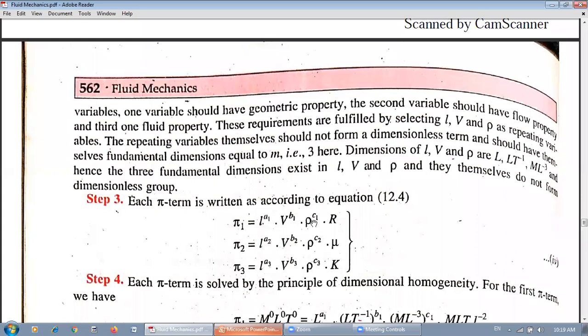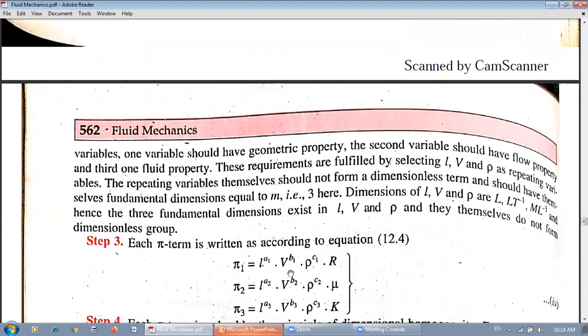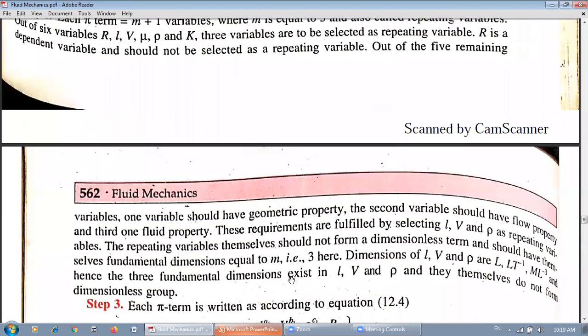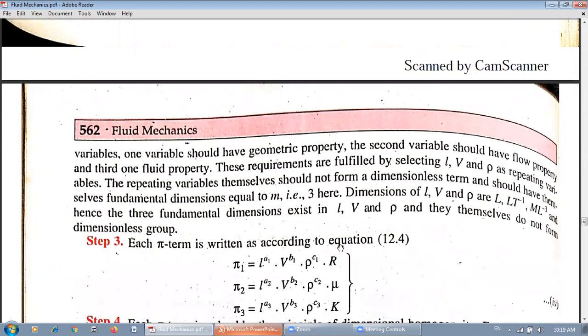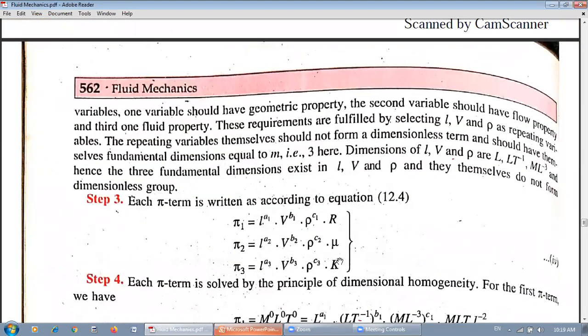So out of that they have taken density as a repeating variable. So if we take length, velocity and density as repeating variables, skipping these three, there are three more variables remaining, that is resisting force R, mu is the air viscosity and K is the bulk modulus. So R, mu and K will be the non-repeating variables.